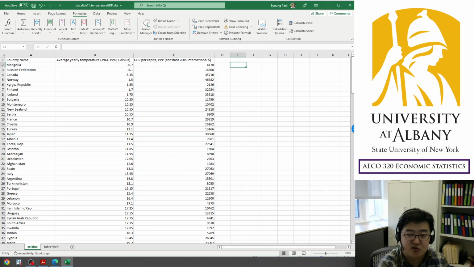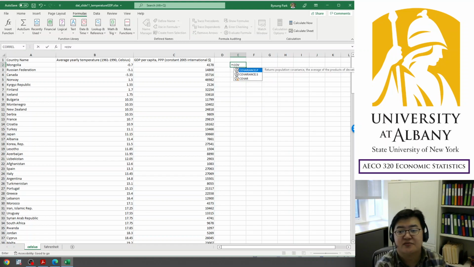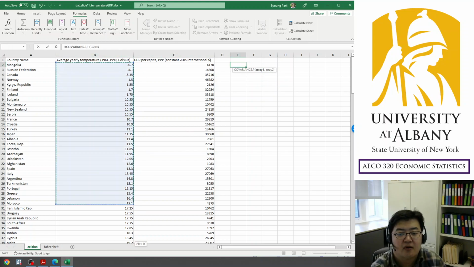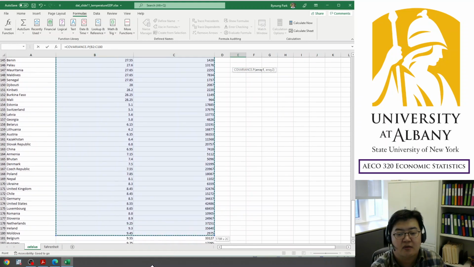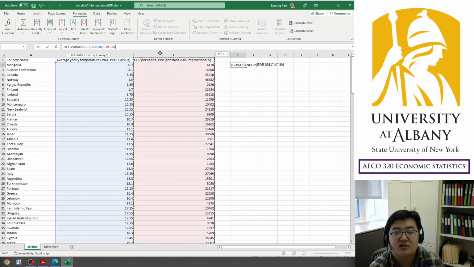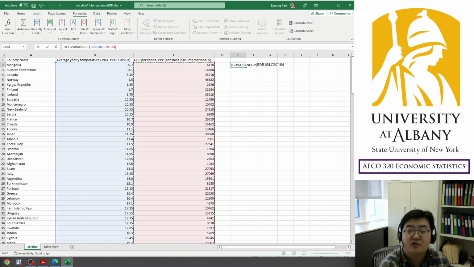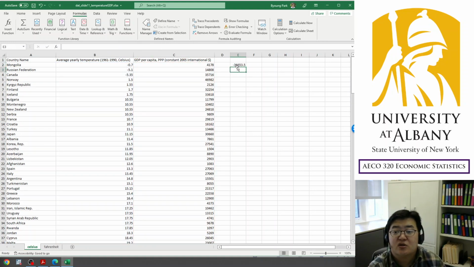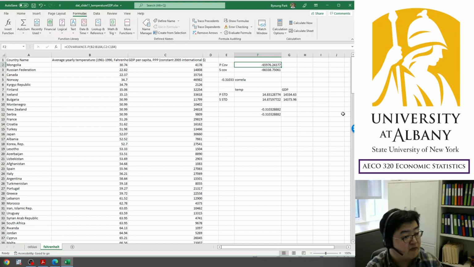Okay? And finally, let me just simply check if the covariance and correlation coefficients are the same when you use the Celsius measure, right? COVARIANCE.P is defined here, comma, here, these two variables. So look at this, covariance is minus 36,000. Now that is different.